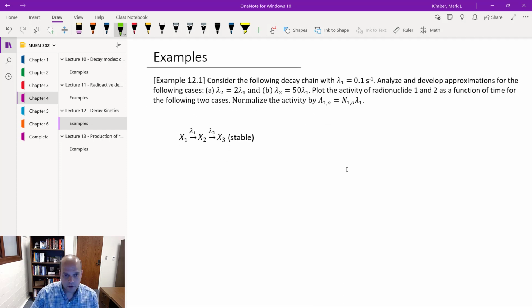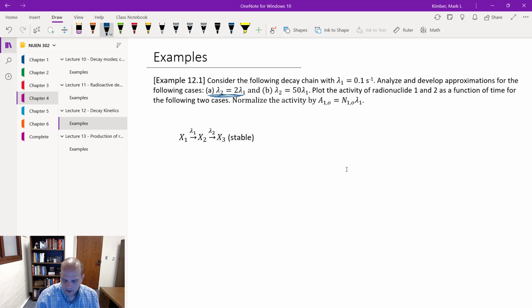In example 12.1, we are starting with a decay chain, a similar scenario as what we just analyzed. And we've got lambda 1 equal to 0.1 inverse second. And we want to analyze and develop approximations for the following cases.